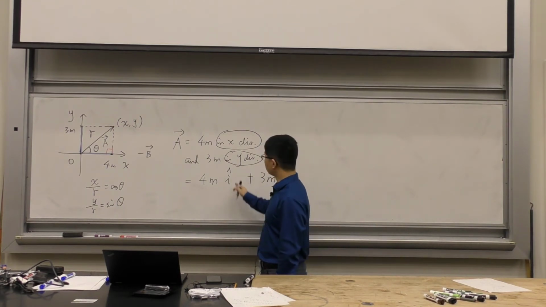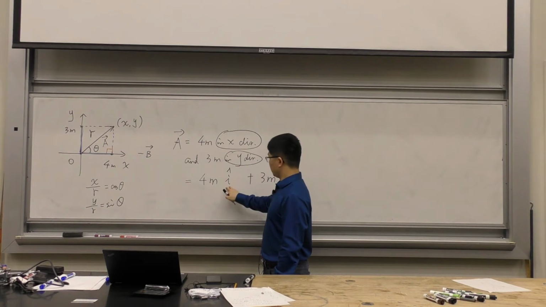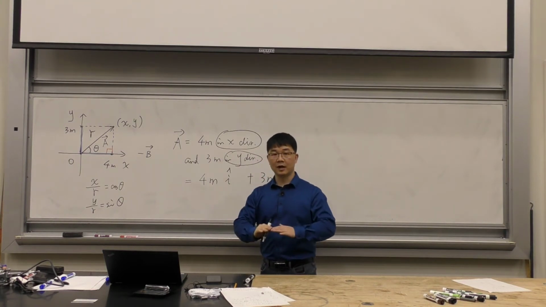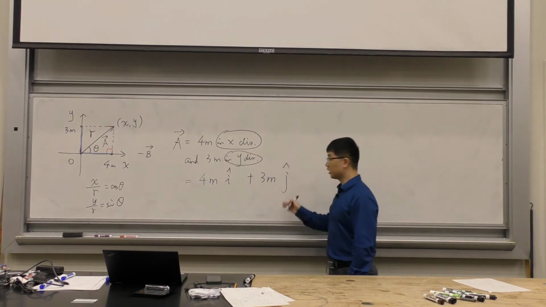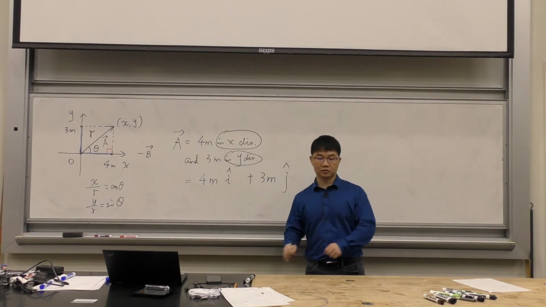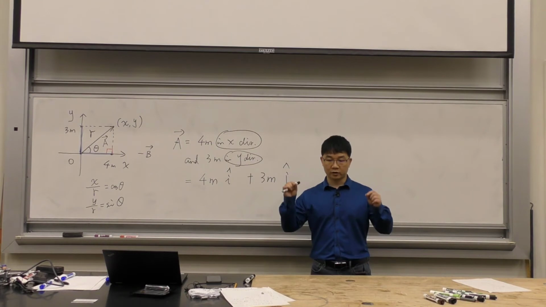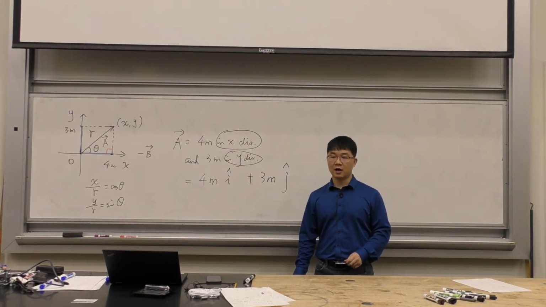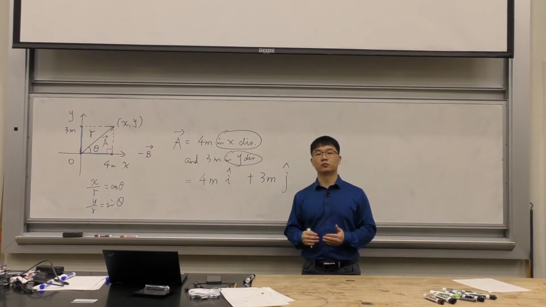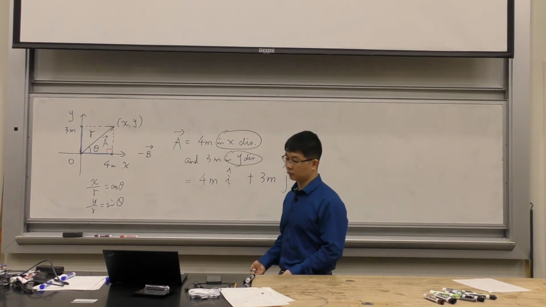Instead of writing so many words, we agree that from now on, everyone writes I hat and J hat instead of in x direction, in y direction. That's our code. Every time we see I hat and J hat, everyone knows what we are talking about.